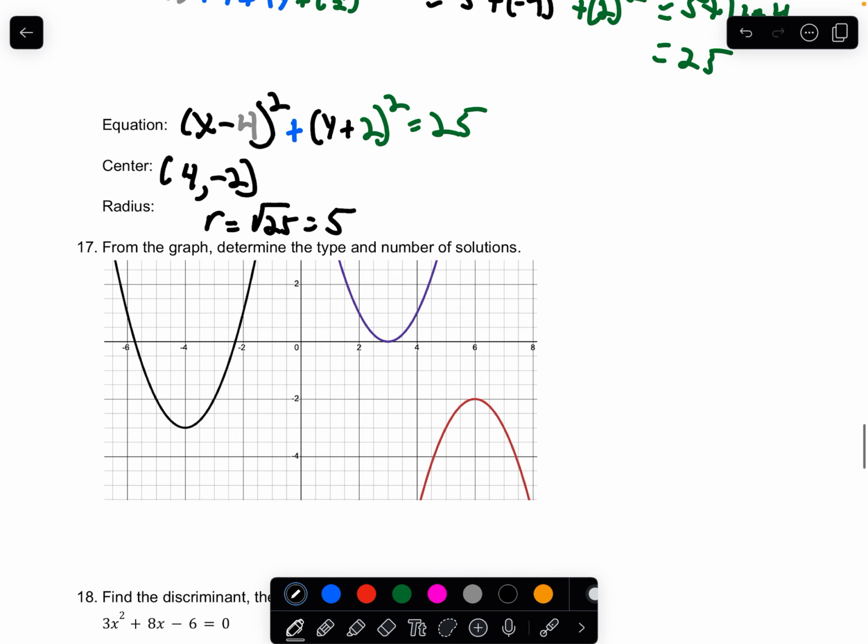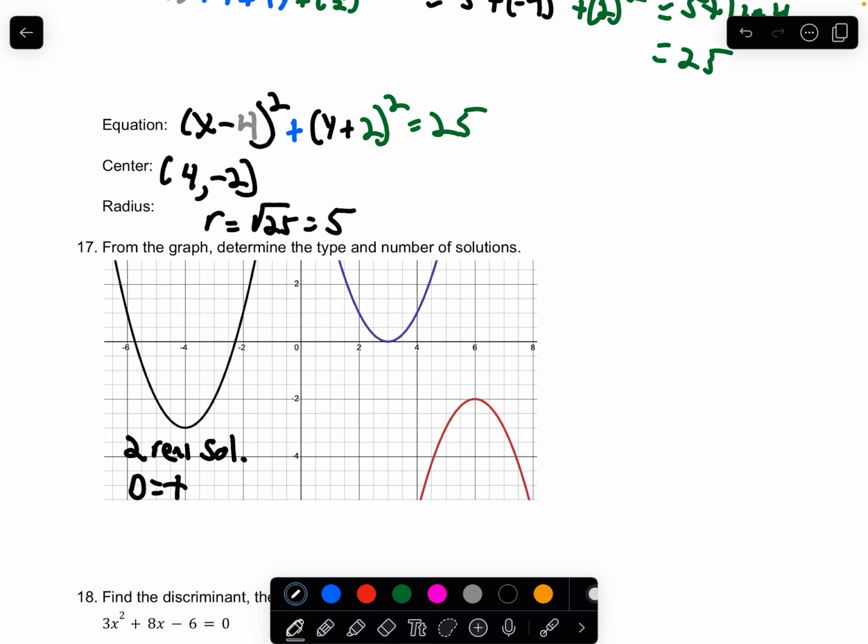We'll see. All right, from the graph, determine the type and number of solutions. This is easy. So this first graph, I gave you all 3 types. You got 2 real solutions because there are 2 x-intercepts. The discriminant equals positive.